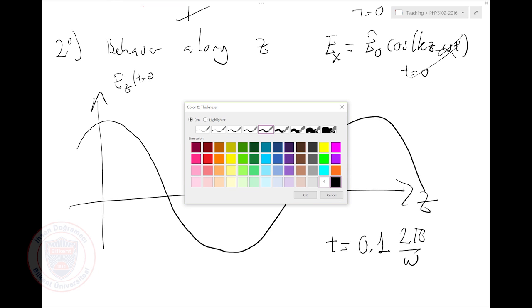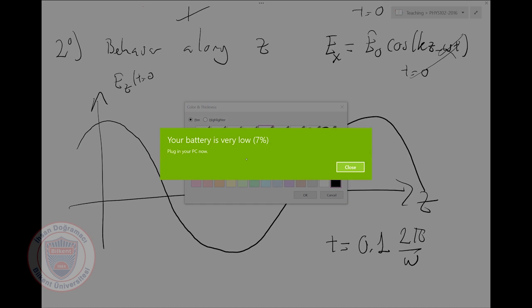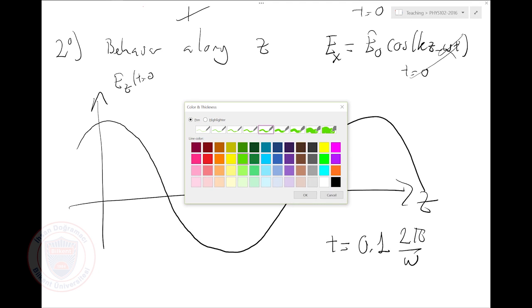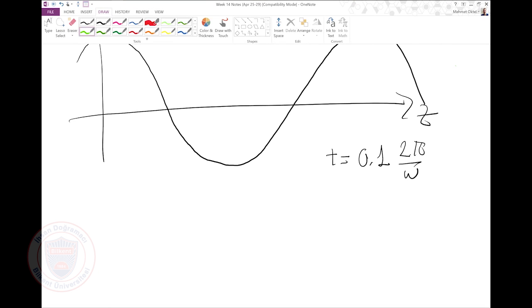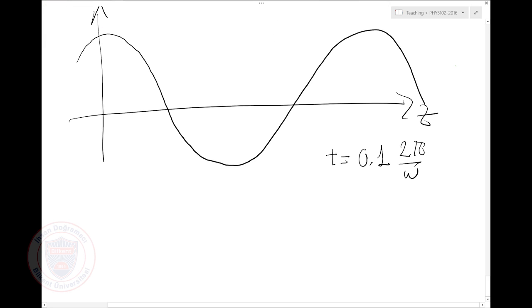Let me do it in another color. I'm plotting the same electromagnetic wave, the plane wave electric field, at 0.1 times 2 pi over omega.